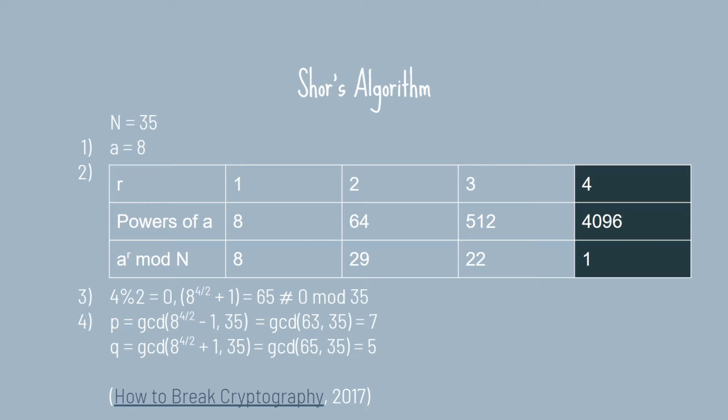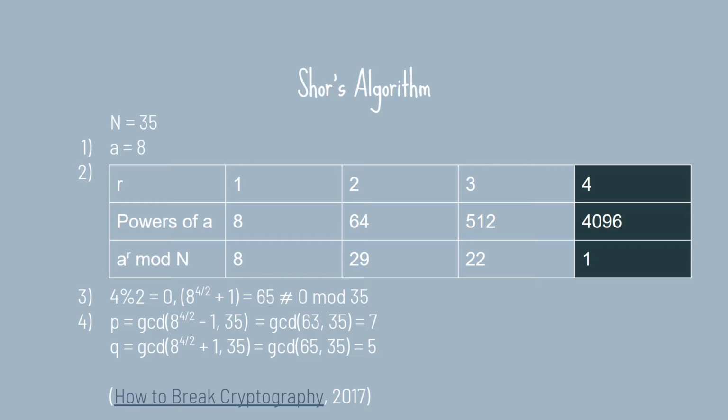Next, we must find the period r of a to the x mod n. To do this, we find the first power of a where the remainder of a to the x divided by n equals 1. In this example, 8 to the fourth power is 4096, and 4096 mod 35 is equal to 1. So r equals 4.